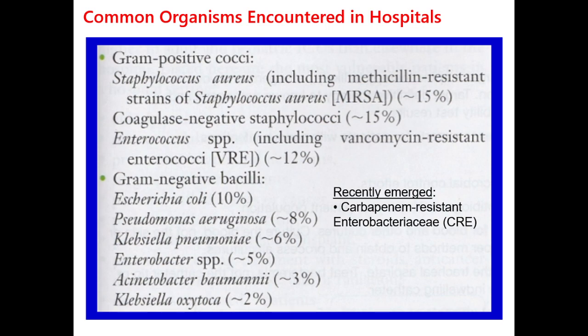Klebsiella oxytoca, as I said, carbapenem resistant Enterobacteriaceae. Enterobacteriaceae may become all resistant. Enterobacteriaceae means the microbes that mainly live in the intestine, mainly in the colon, like E. coli, Klebsiella, and other enterococci.